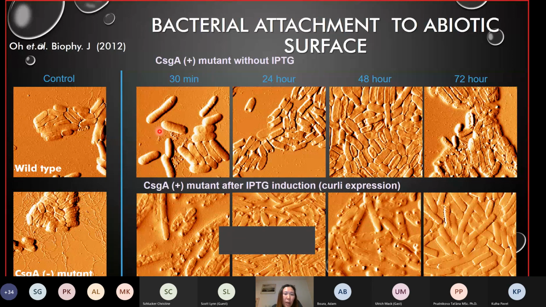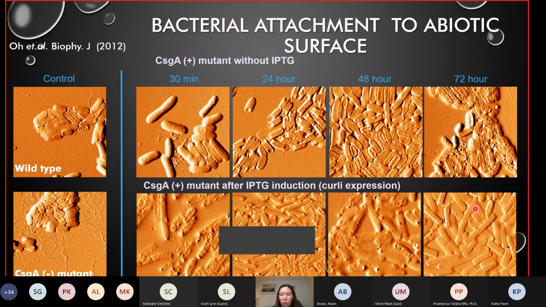And some bacteria like E. coli or Salmonella also produce other adhesive proteins, called pili or fimbriae. And here you also see the flagella of the bacteria. And when they have more of these adhesive proteins, they start to form a larger amount of biofilm, which we could clearly see.